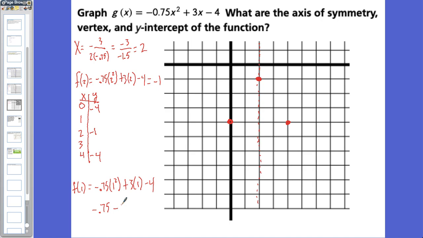So negative 0.75 minus 1 equals negative 1.75. That's okay. It's okay to have a decimal. Negative 1.75. So I can go 1, negative 1.75 is about right there. And then I need to go over my line of symmetry and do it again there. So there you go.